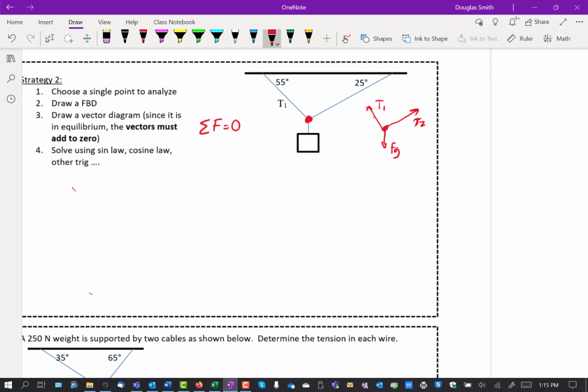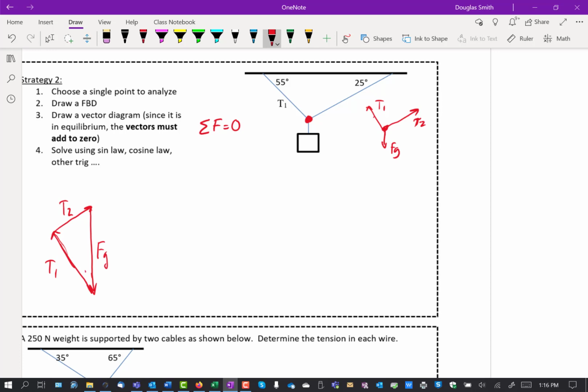It's 55, maybe it's a bit too steep, doesn't matter, but something like this. There's my T1. My T2 is going to go like this, and then my FG comes down like that. So there's my vector diagram of this problem.